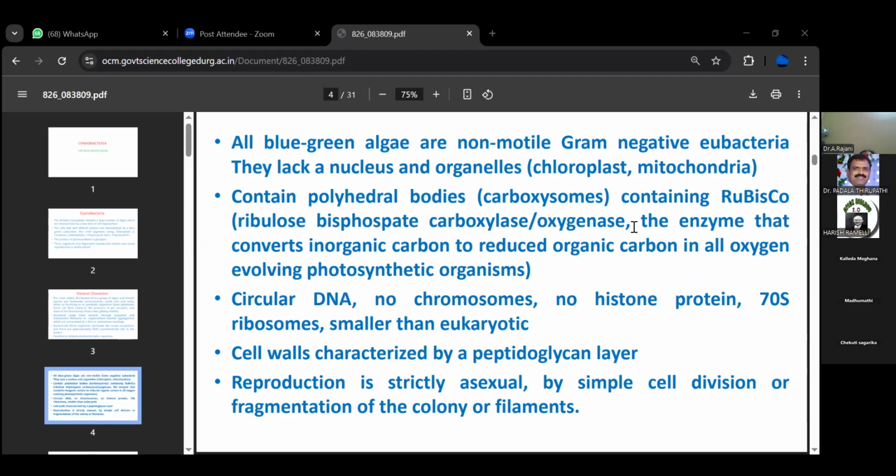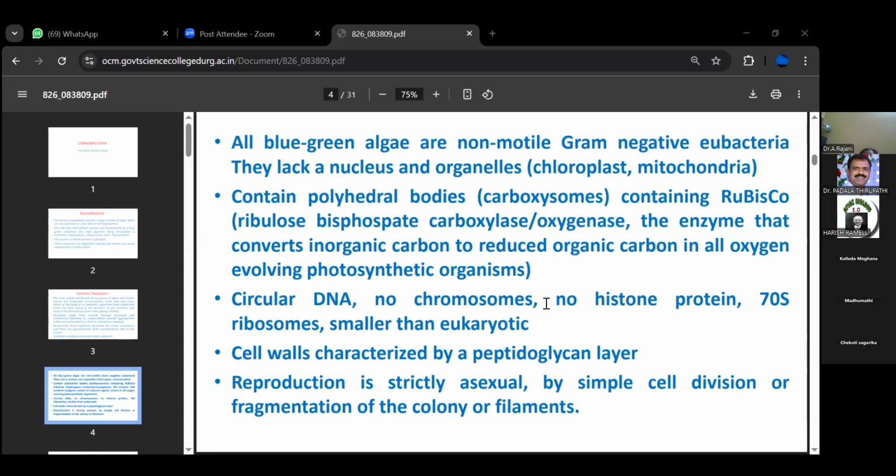This cyanobacteria contains this type of enzyme to convert inorganic carbon to organic carbon in all oxygen-evolving photosynthetic organisms. And coming to another character, DNA is circular, but chromosomes and histone proteins are absent.